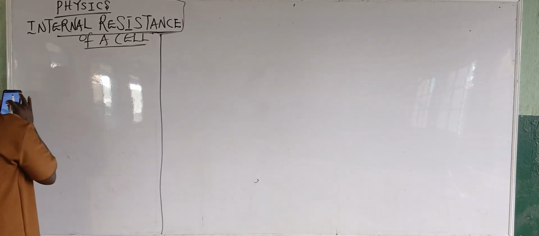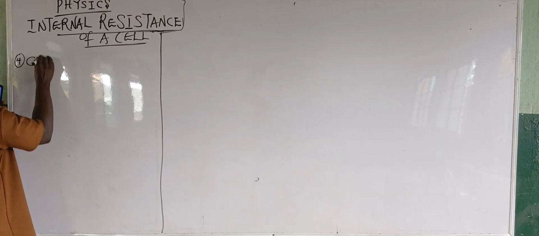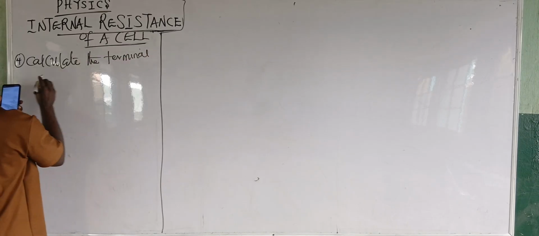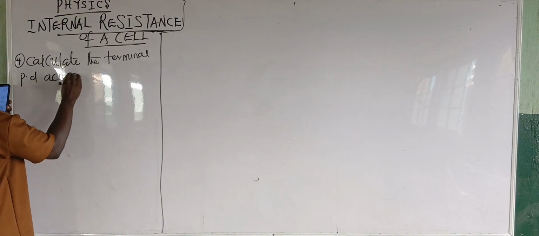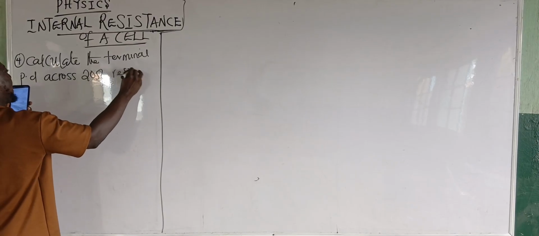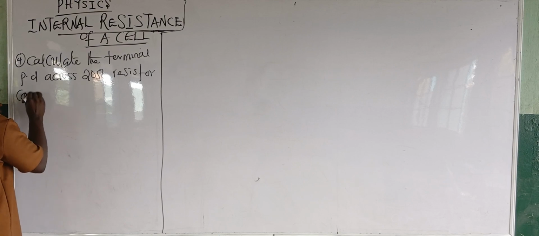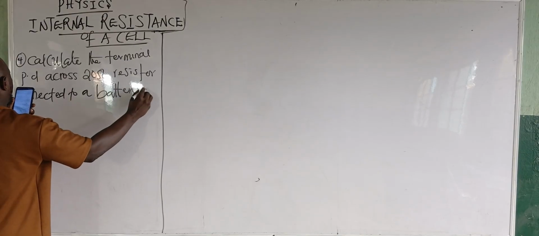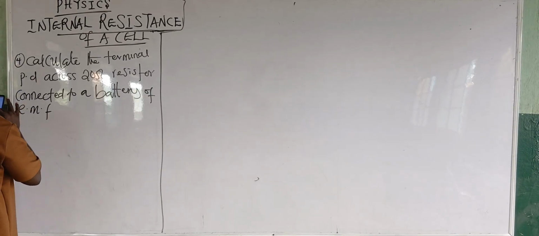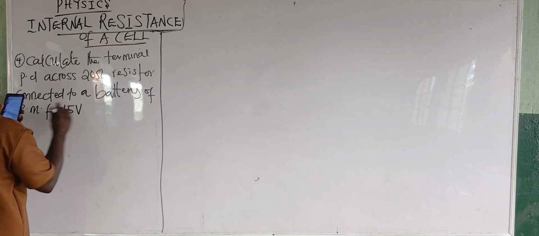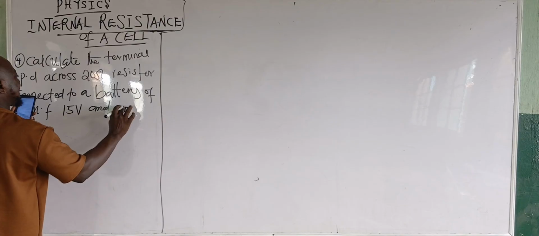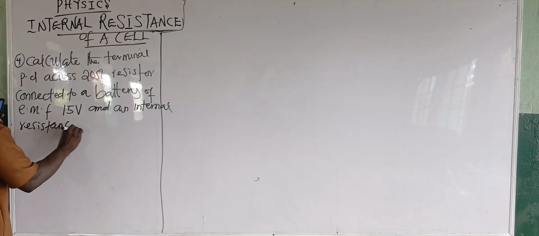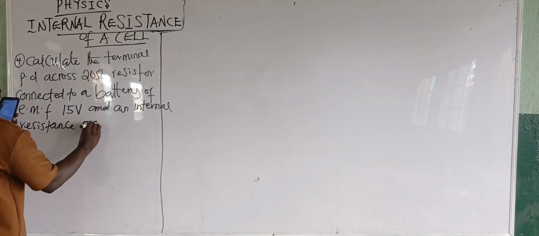We are told that, number 4, calculate the terminal potential difference across a 20 ohms resistor connected to a battery of EMF 15 volts and an internal resistance of 5 ohms. So what do we know?